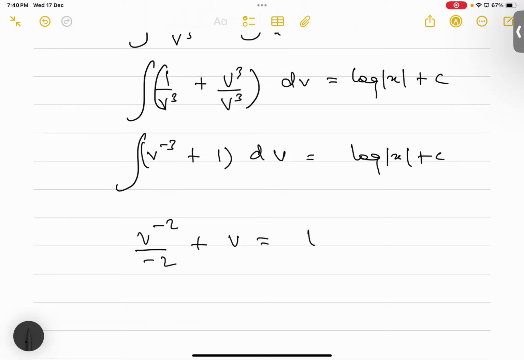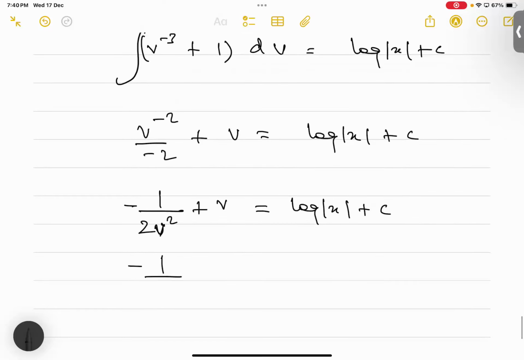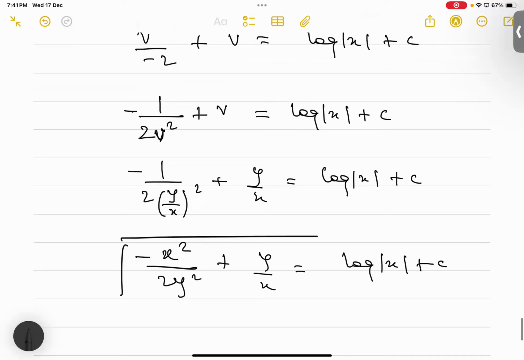How? n plus 1 upon n plus 1. The minus sign goes up, 2 will remain down: v square. Log mod x plus c. What is v? y upon x. Minus x square upon 2y square plus y upon x log mod x plus c. This is the general solution.